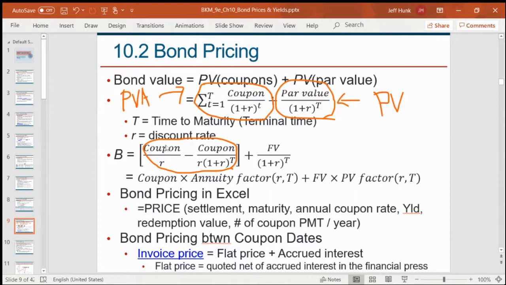Now, of course, payment is just a generic notation. In the bond context, that payment is the coupon payment, and you all remember that the coupon payment is semi-annual.